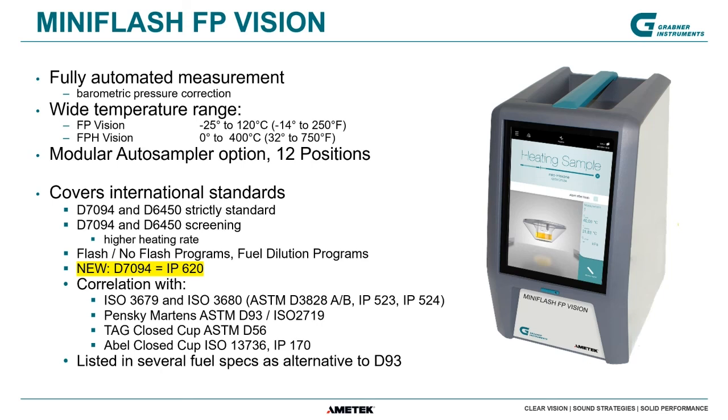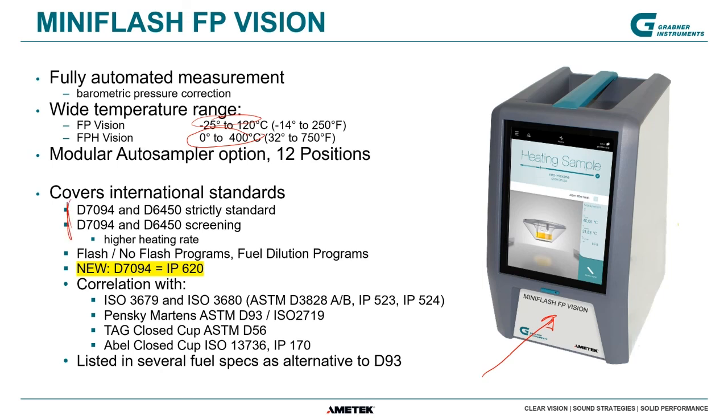A quick summary. It's a fully automated measurement. You are introducing the sample cup through the front door here. We have two types, the FP Vision and the FPH Vision, for two different sets of temperature. These temperature selections were basically selected based on user and customer input, and that's why we have optimized the temperature range according to these inputs.